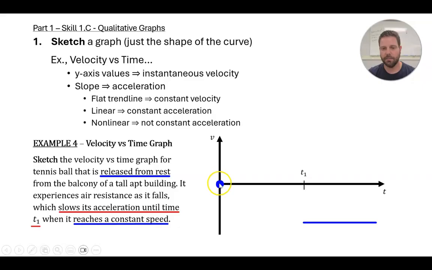When I connect my initial y-intercept velocity to my constant flat trend line, I need to do so with either a straight line or a curved line. Since the acceleration, which is the slope, is slowing with time, that means it's getting less steep with time. So I would connect this with a less and less steep curve, and then flattening out after time t1.